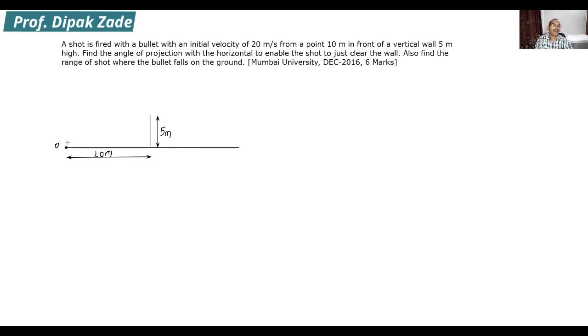and it is fired with some velocity. Therefore, now if we represent what will be the probable path of this particle, the expectation is that it just clears the wall at this point, say point A. So when it is projected, this particle or bullet travels along a path, it just clears the wall and finally it strikes the ground somewhere here.